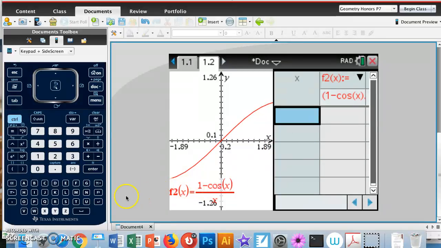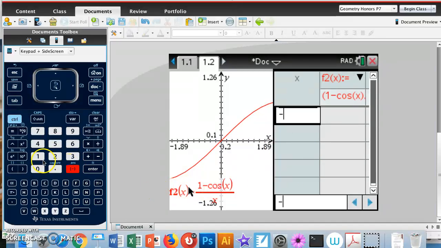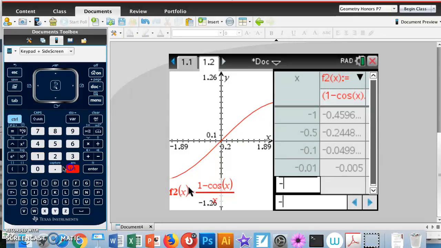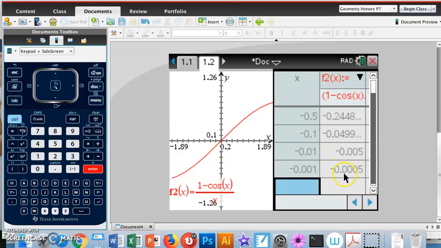So you have -1, get closer, -0.5, get closer, -0.1, get closer, -0.01. Okay, and you start to see that the values on the right, the limit's getting closer to 0.